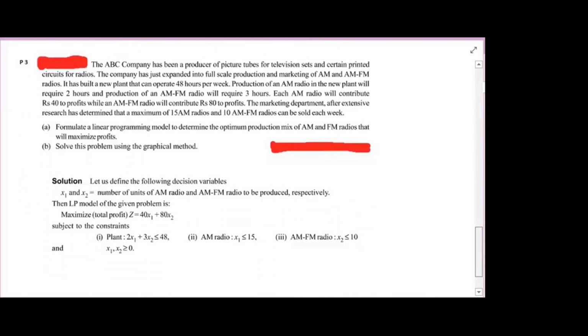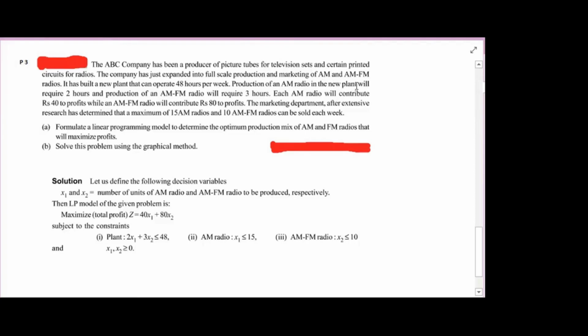Now next problem. Suppose the ABC company has been a producer of picture tubes for television sets and certain printed circuit boards for radios. The company has just expanded into full-scale production and marketing of AM and FM radios. It has built a new plant that can operate 40 hours per week.